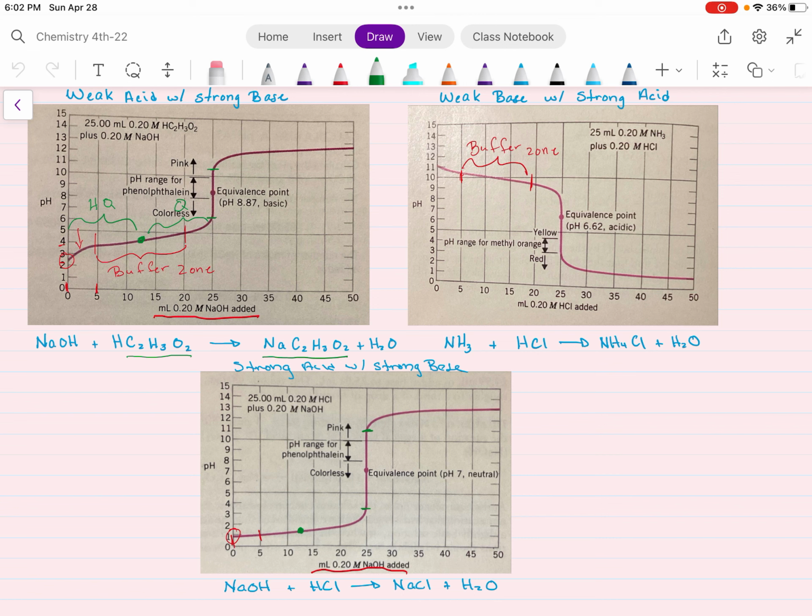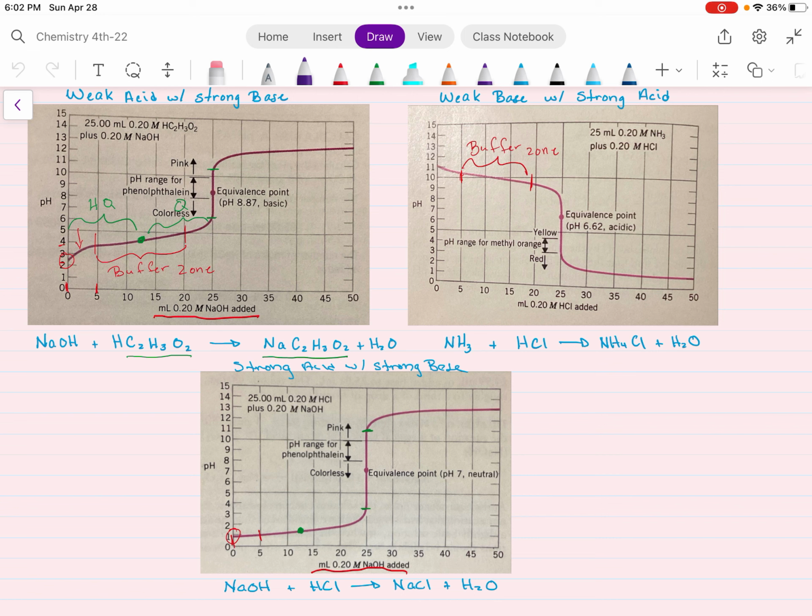The reason that the equivalence point matters is because you're going to get a question that asks which is the best indicator for this type of titration. This indicator has this range, this indicator has this range, which would be the best one? The perfect indicator would be right at the equivalence point.